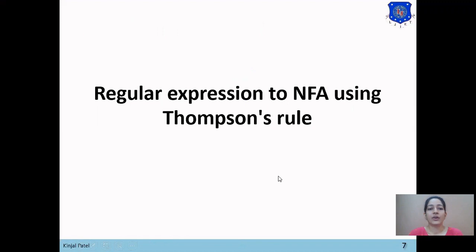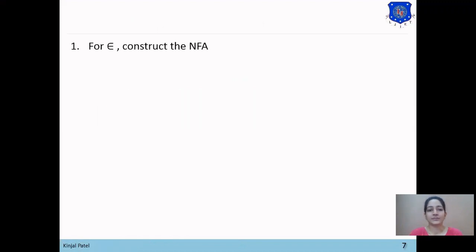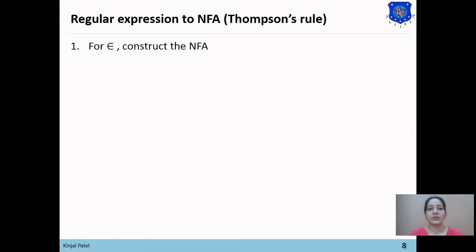So first, regular expression to NFA using Thompson's rule. There are some rules in Thompson's method which we need to follow if we want to draw NFA using regular expression. The first rule is, if we want to construct NFA for null symbol, then it will be like this: there is one starting state and one final state.